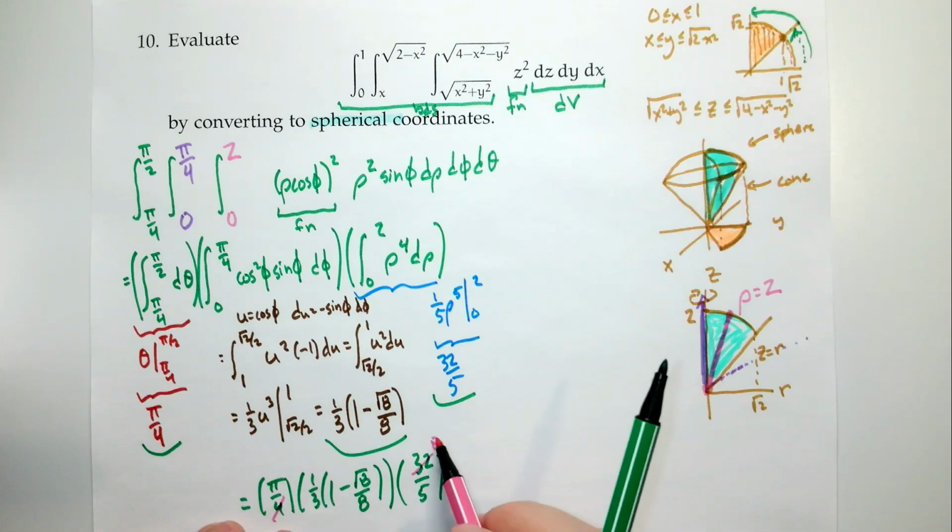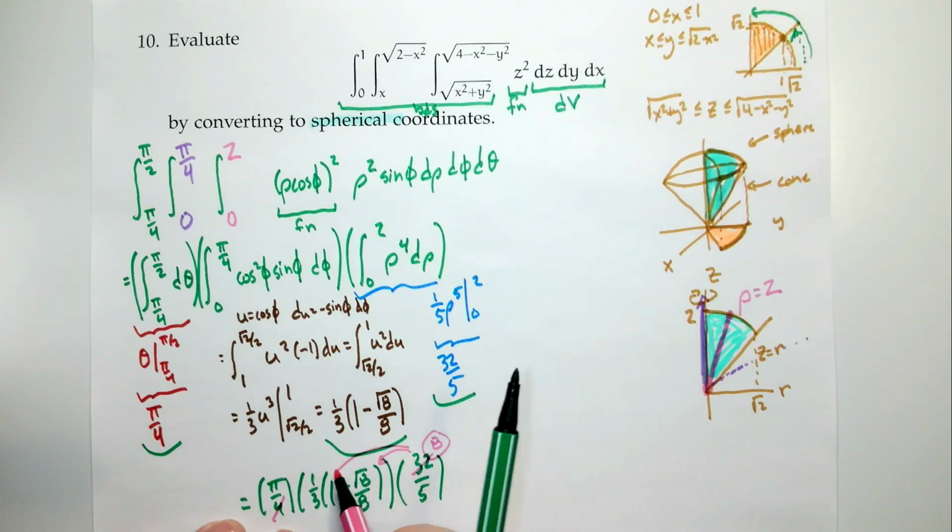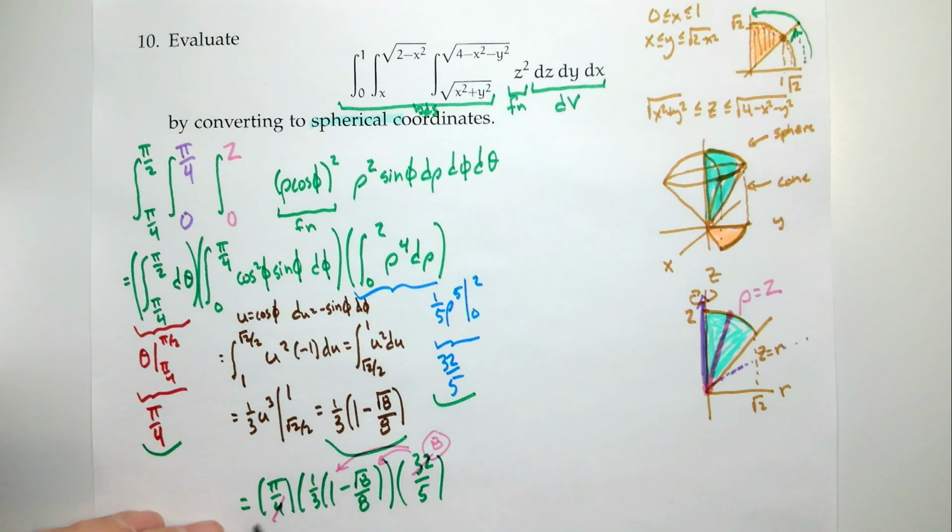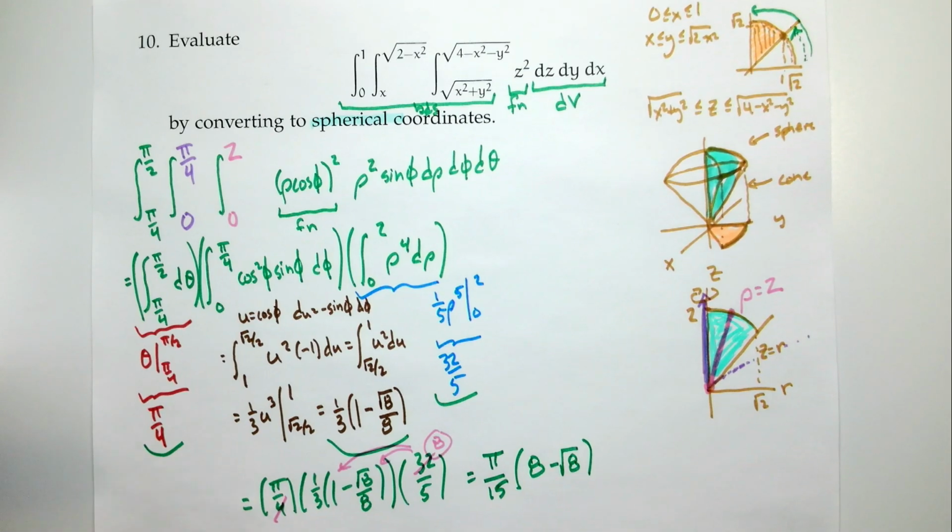And this 8, I can distribute through here. So what do I have? Well, I have a pi. Here I have a 1/3 and a 1/5, so that would make that 15. Then when I multiply the 8 through, that'll be an 8. And here the 8 cancels with the 8 in the denominator, which is why I did it, because I really wanted to cancel that, leaving us with 8 minus root 8 times pi over 15, which is the answer.